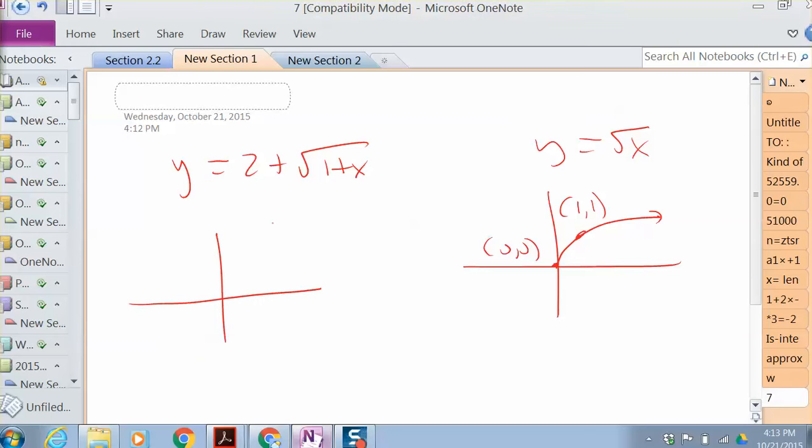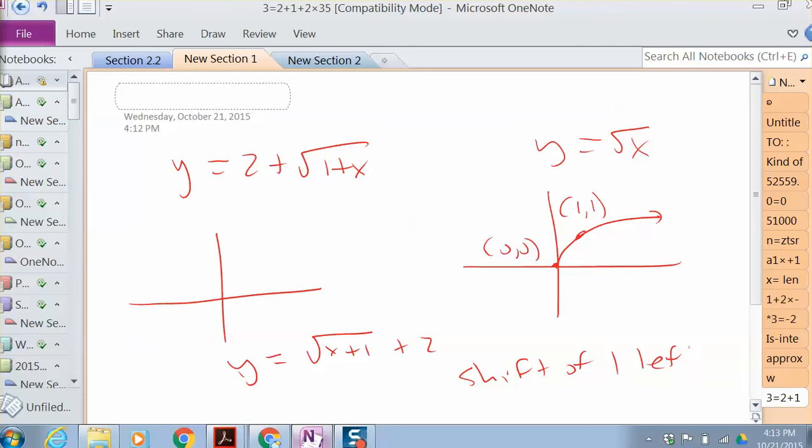So now in this case, this equation is no different than saying the square root of x plus 1 plus 2. That's a shift of 1 left and 2 up. Remember, the plus 2 is up, the plus 1 is shift 1 left. So the point 0, 0 has to go 1 left and 2 up. So now it's going to be at negative 1, 2.